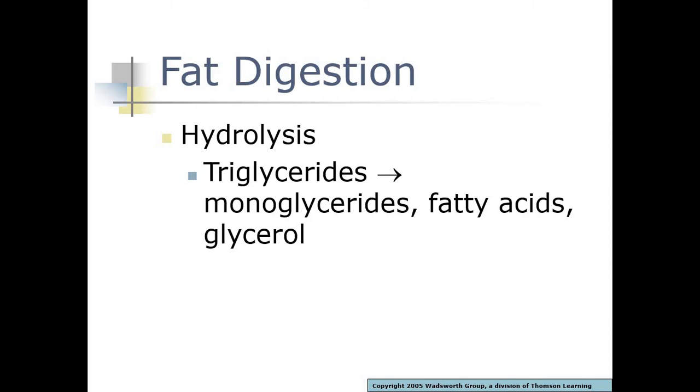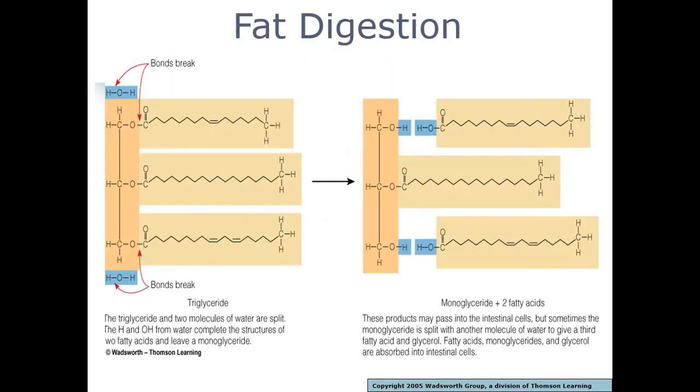When fat is digested, class, the process is called hydrolysis. Fat is in the form of triglycerides, so when it is hydrolyzed, it should be broken down, because hydrolysis means addition of water, which breaks things down. It will form monoglycerides, fatty acids, and glycerol.